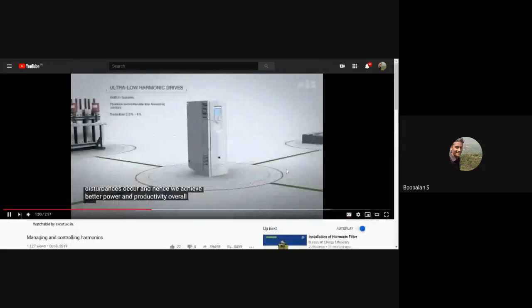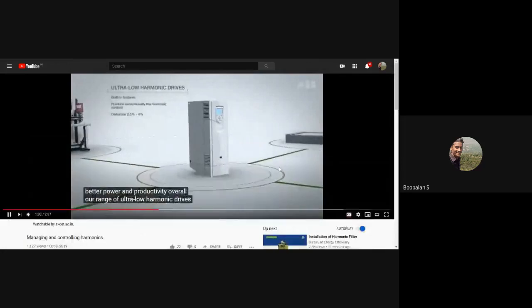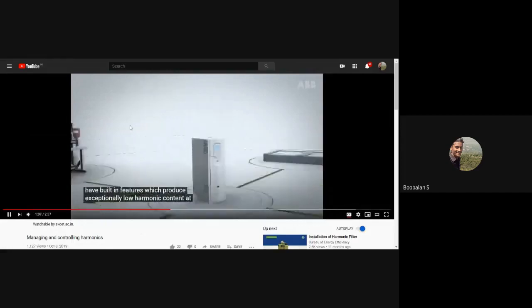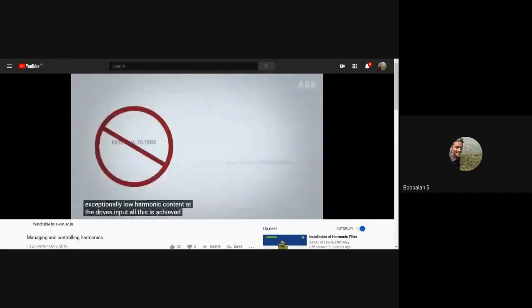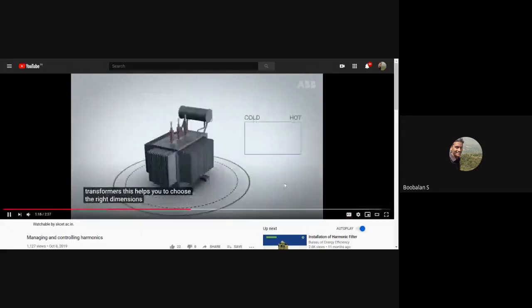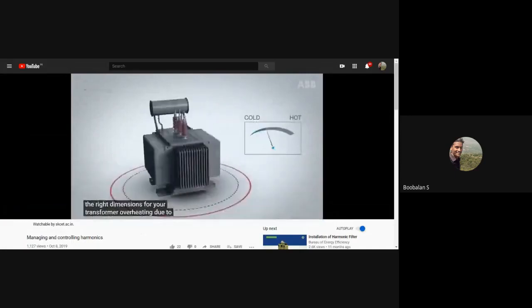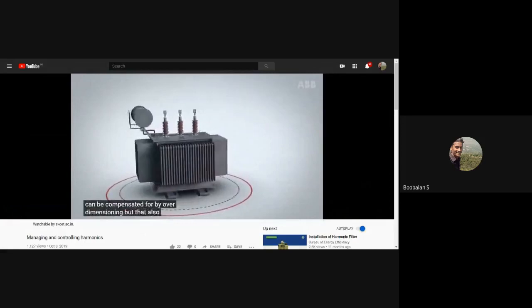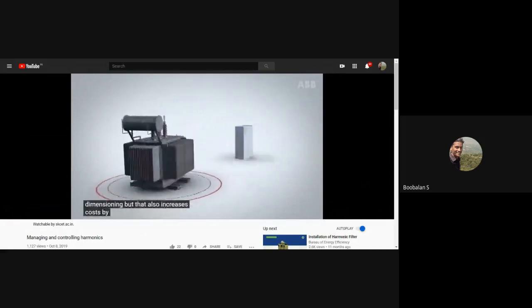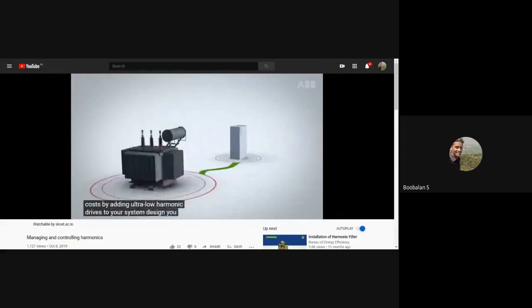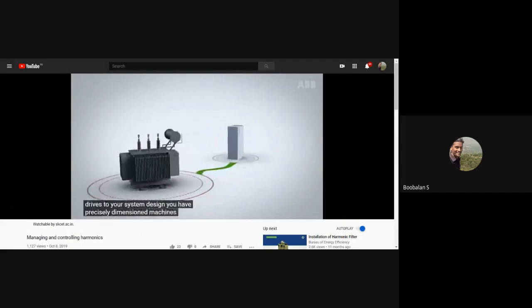Our range of ultra-low harmonic drives have built-in features which produce exceptionally low harmonic content at the drive's input. All this is achieved without external filters or multi-pulse transformers. This helps you to choose the right dimensions for your transformer. Overheating due to harmonics can be compensated for by overdimensioning, but that also increases costs. By adding ultra-low harmonic drives to your system design, you have precisely dimensioned machines that would lead.